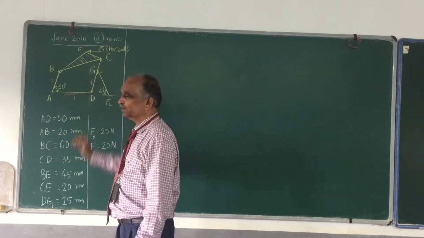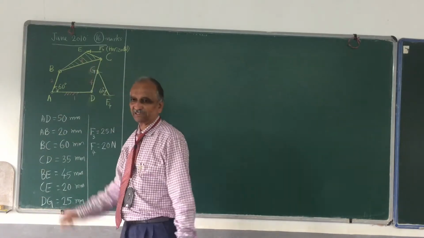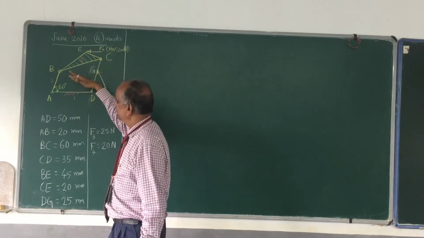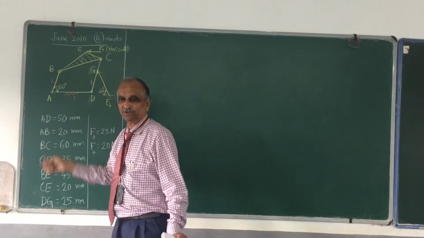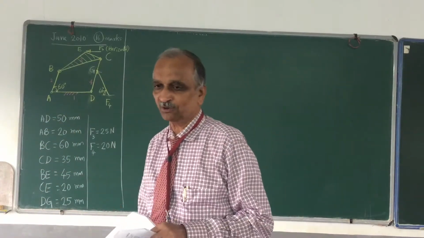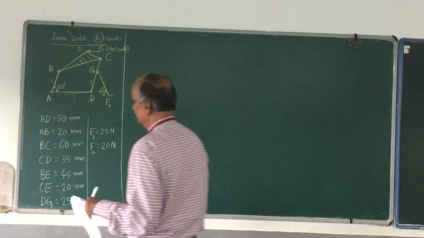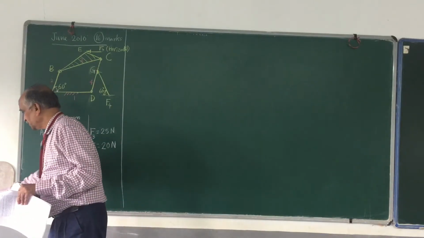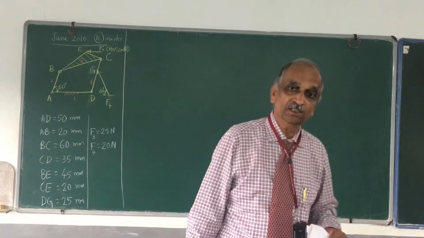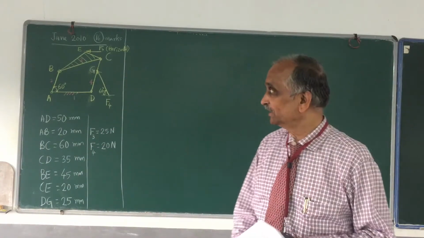When you draw it, you will come to know the shape may slightly change. This may be something like this side or this side, depending upon the dimensions. When you draw it exactly to scale, you will come to know. My lecture is only indicative of the procedure, telling you how exactly you have to carry on.